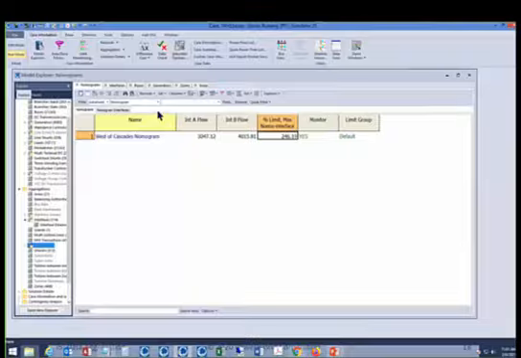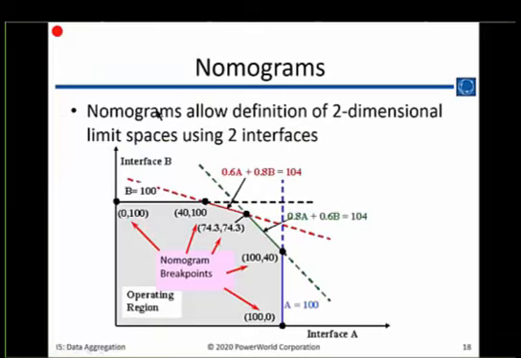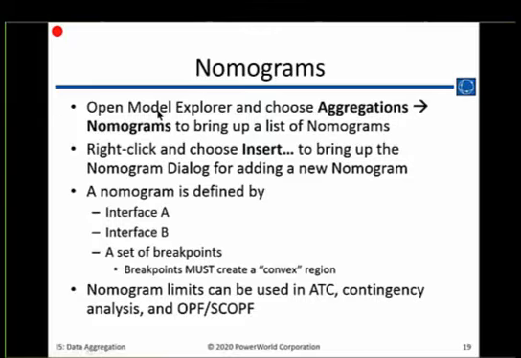So this will just show up as limit violations. They can be used in these other tools. If you do ATC analysis or contingency analysis, they can also be binding constraints in the optimal power flow or the security constrained optimal power flow.